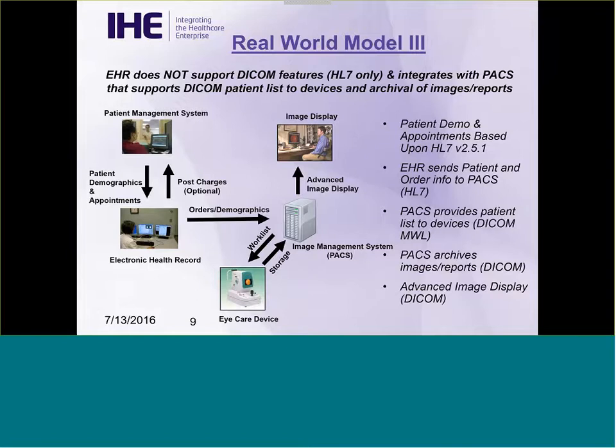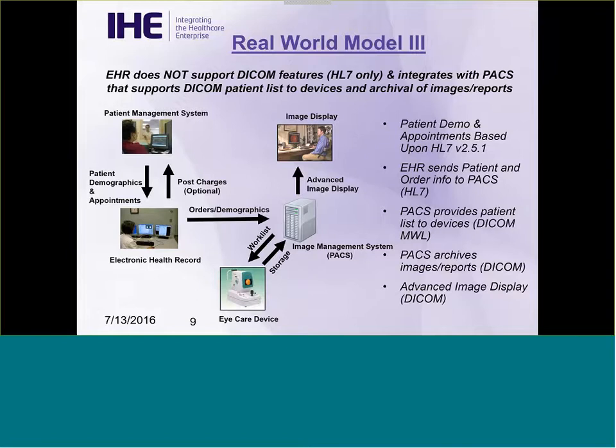Again, we start out with the patient practice management system in EHR. The communications there are exactly the same, so that doesn't change no matter what model you do. But what's next in the flow is typically to generate a DICOM work list, which goes down to eye care devices. What's going to happen in RealWorld Model 3 is the EHR uses an HL7 message to give this to a PACS archive.